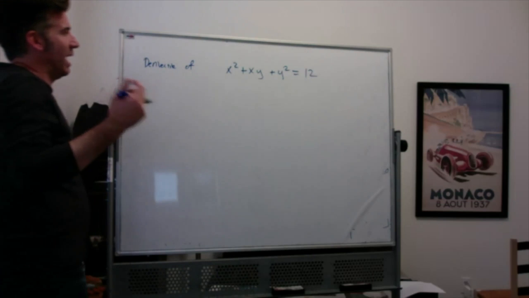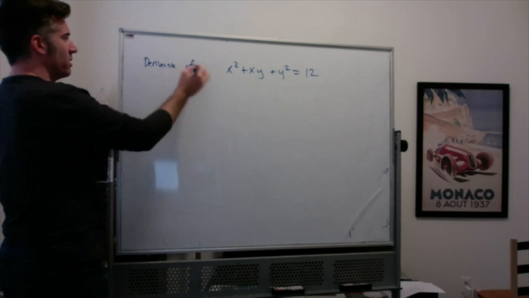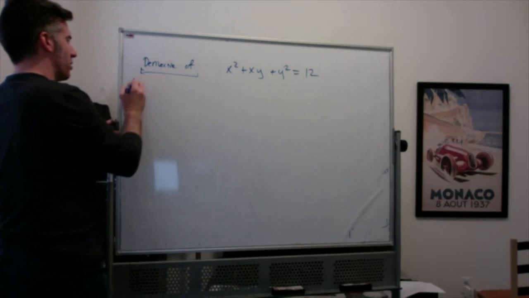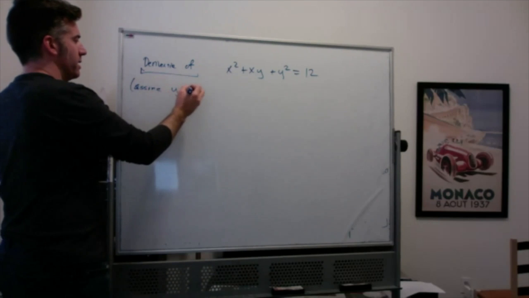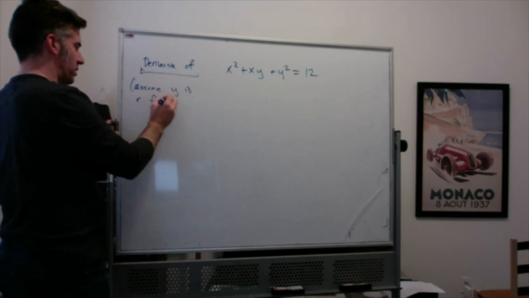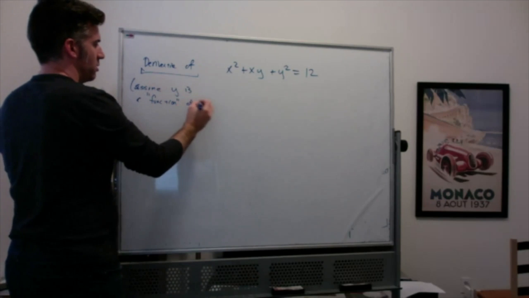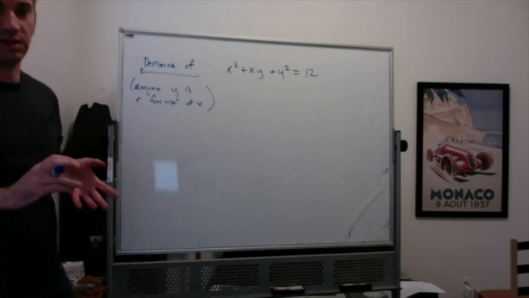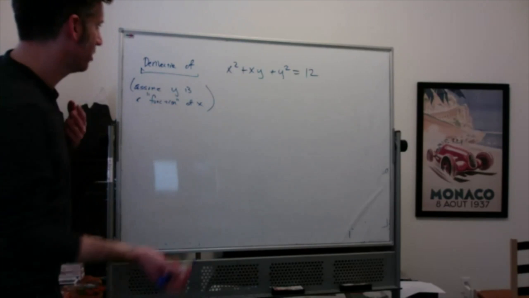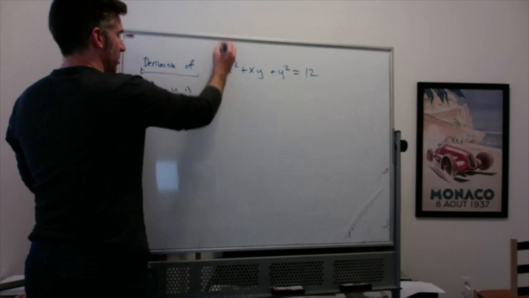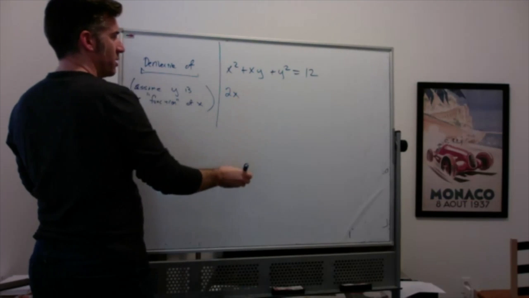So I want to find the derivative. And again, when we write this, we are assuming that y is a function of x. So we're always making the assumption that x is the independent variable and y is the dependent variable. When I differentiate this, I'm just going to use my usual rules. Derivative of x squared is 2x.